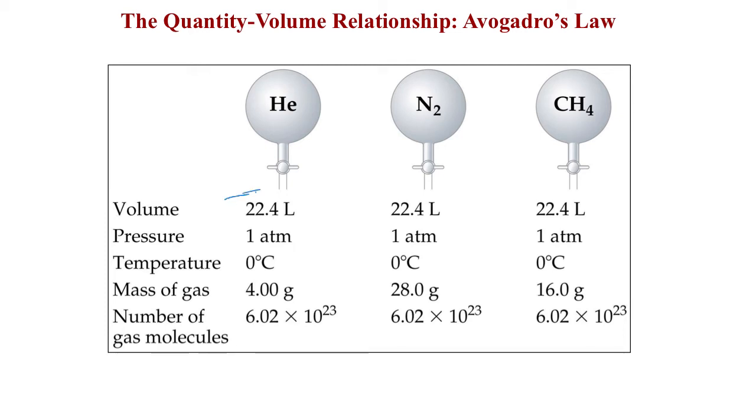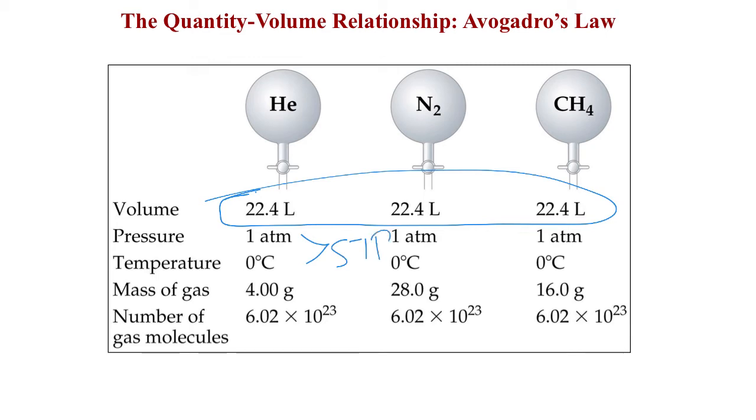So since we have 22.4 liters of each gas and we are at STP, we would have a mole of each gas, so they have the same number of molecules, but they do not have the same mass, because a mole of helium would be 4 grams, a mole of nitrogen would be 28 grams, and a mole of methane would be 16 grams. So they have the same volumes, same moles, same number of molecules, but they do have different masses. They also would have different densities too.